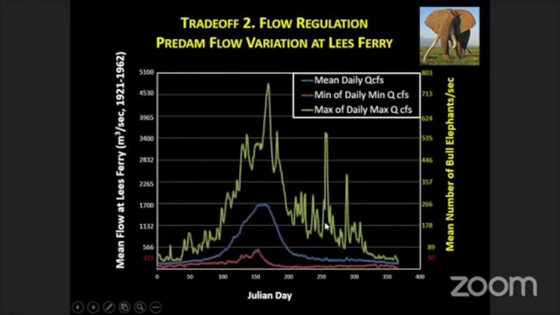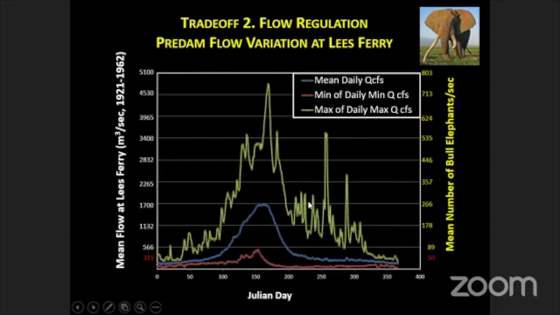And then summer monsoon activity could sometimes stimulate really dramatic increases in flow. During that 1923 US Geological Survey, there were about 400 bull elephants running through the river, coming through a flood that came through the Little Colorado River. So very erratic summertime flows.